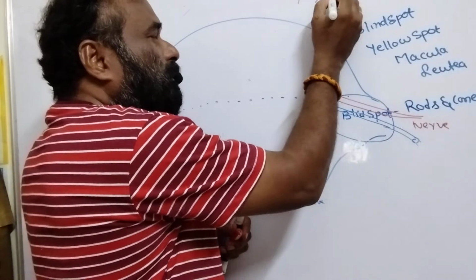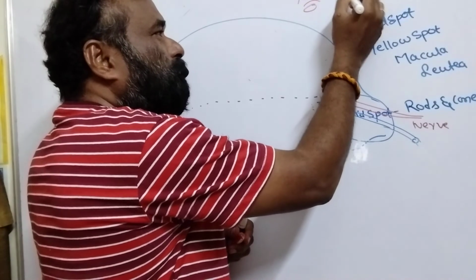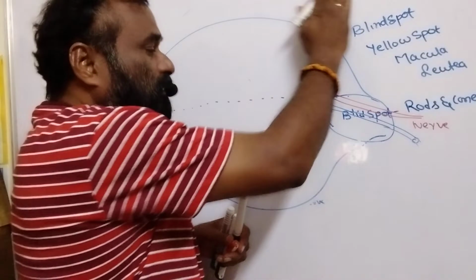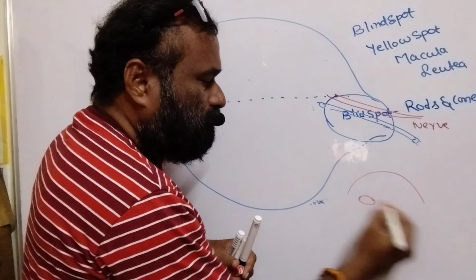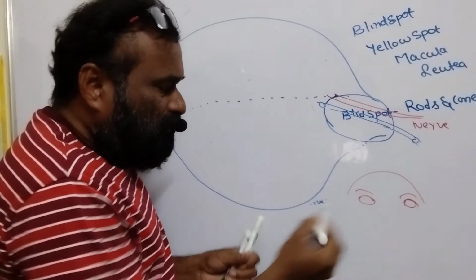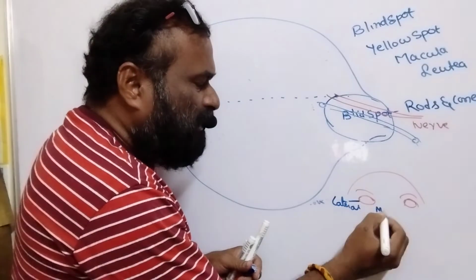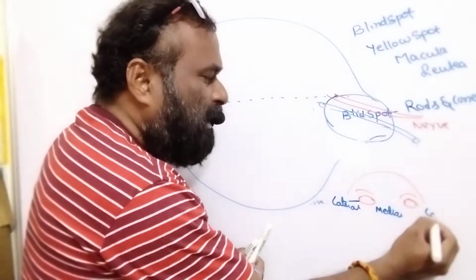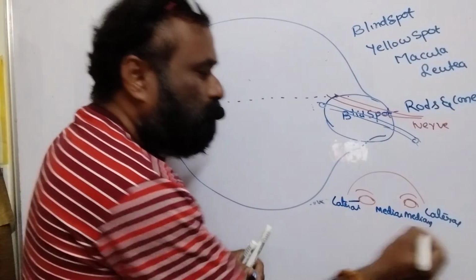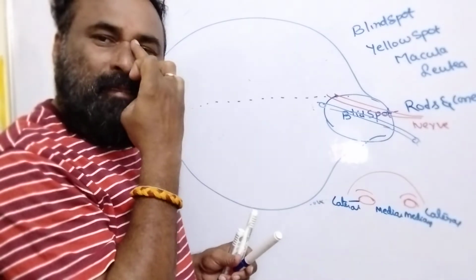This is the median side of the eyeball and this is the lateral side of the eyeball.